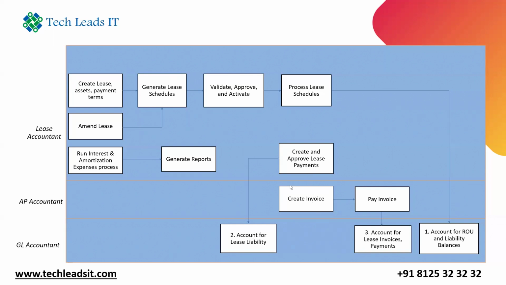I'm talking about the expense lease. In the same way you will get your AR leases, accounts receivable also. Here also it will create an invoice in AR and then you will collect the money for the leases, and the related lease activities will be done.